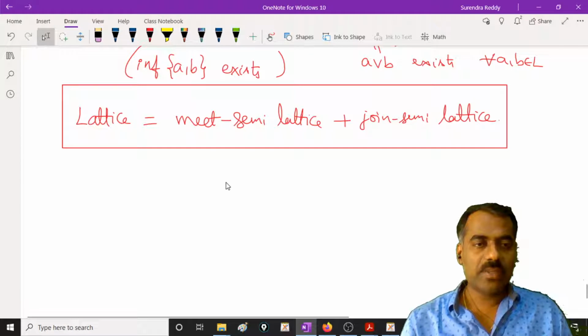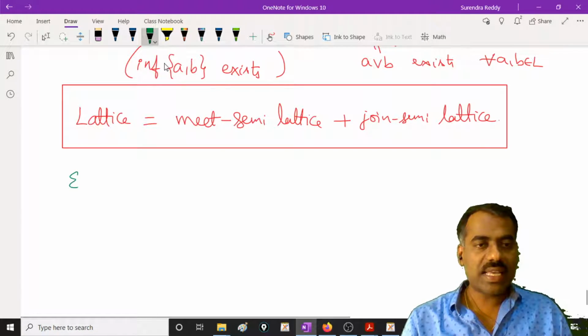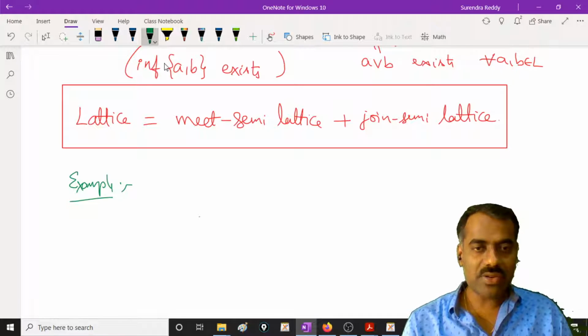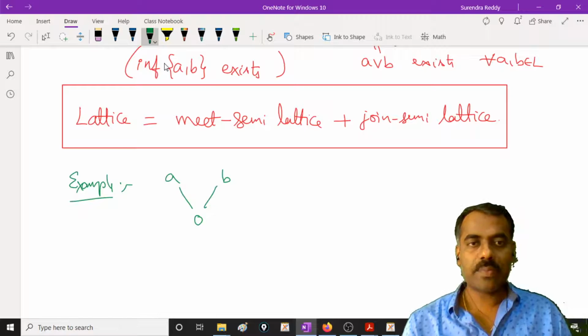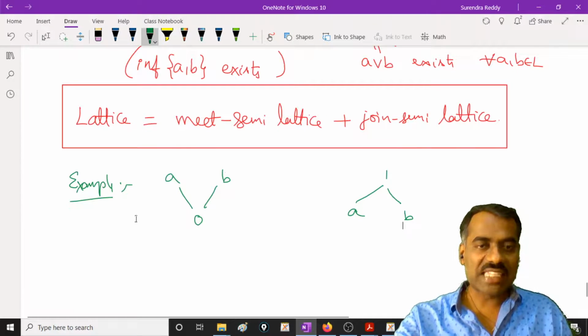If you observe our example, whatever with the diagram we have drawn last time, even though we have not defined in terms of picture, you can try to understand this. This one, is this a meet semi-lattice or not?